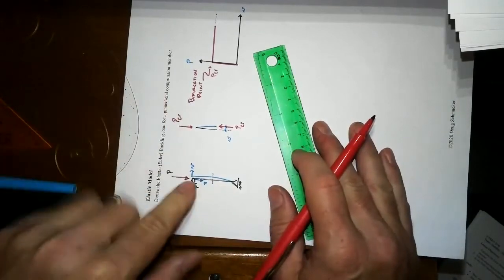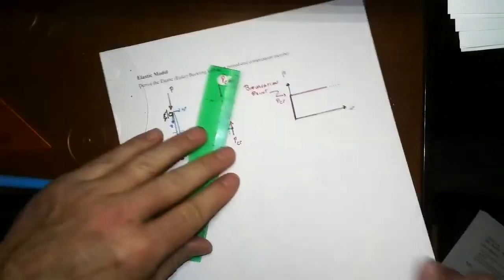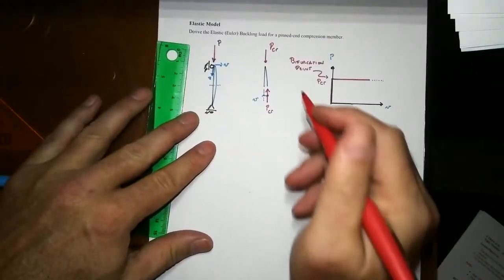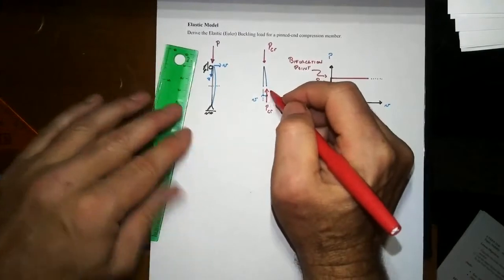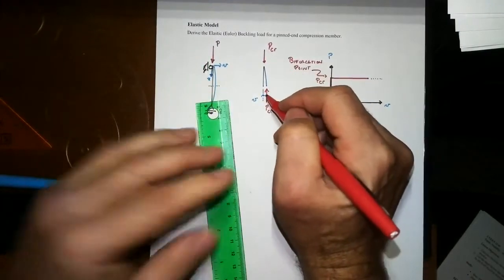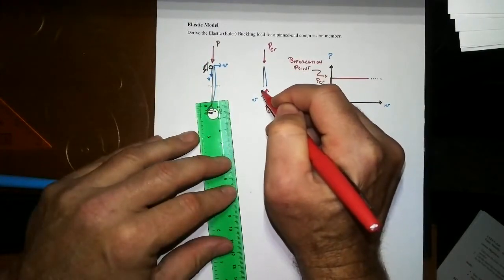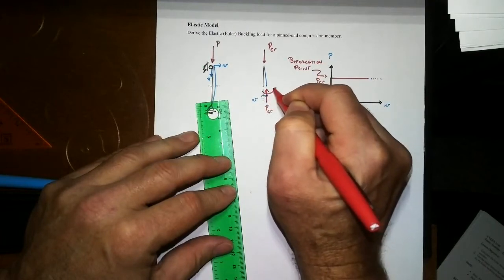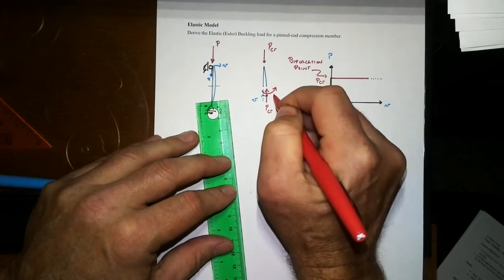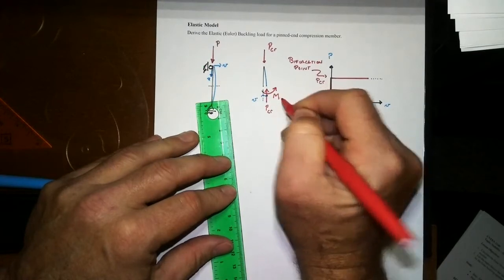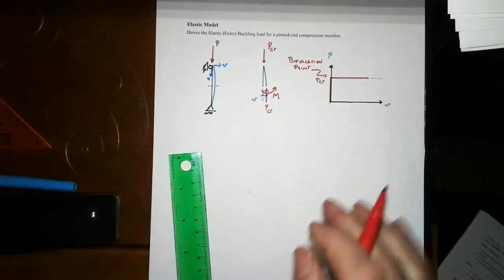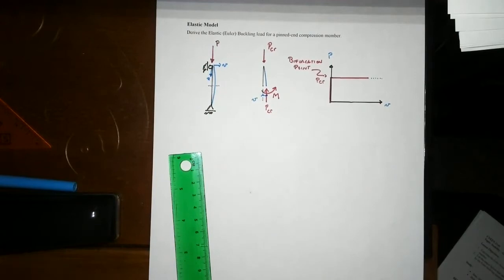But here's the key, I think, in trying to understand and work through the derivation. Show all the internal forces in their positive sign convention when it comes to moment and shear, which in this case would be like this. We can anticipate that the actual moment has to go in the other direction, and that will be revealed eventually.